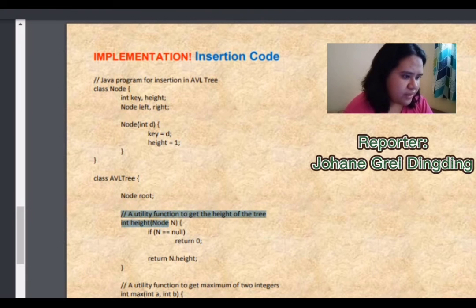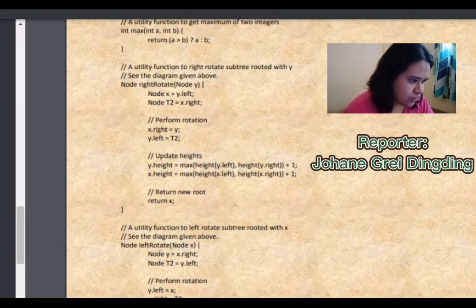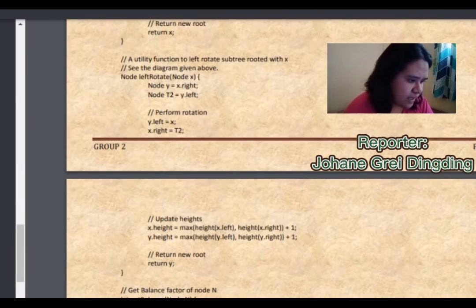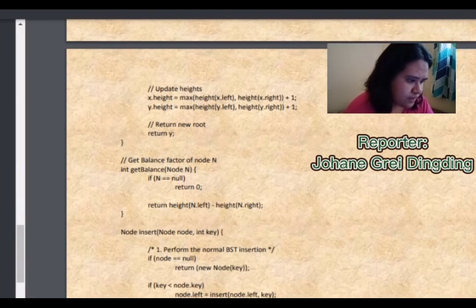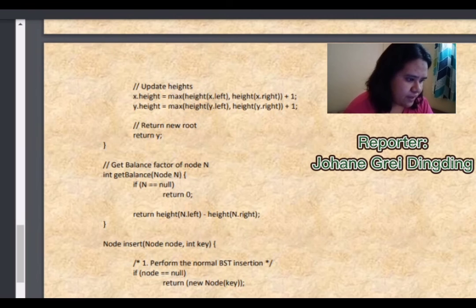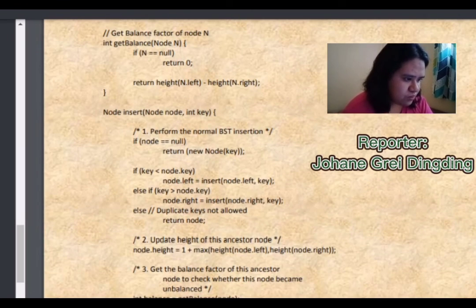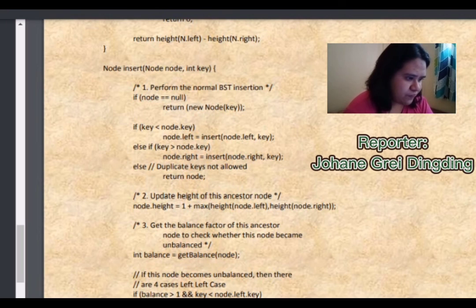Now on this part we can see a utility function to right rotate the subtree rooted with y. The next is a utility function to left rotate the subtree rooted with x. Next is to get the balance factor of node n, followed by the node insert, which has a function to perform the normal binary search tree insertion.